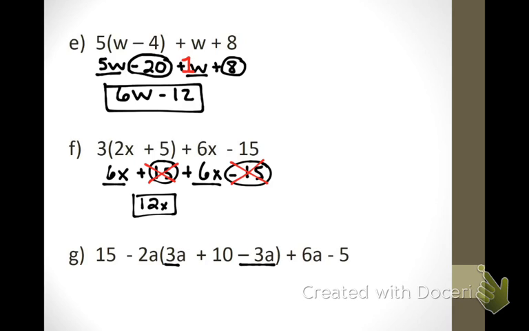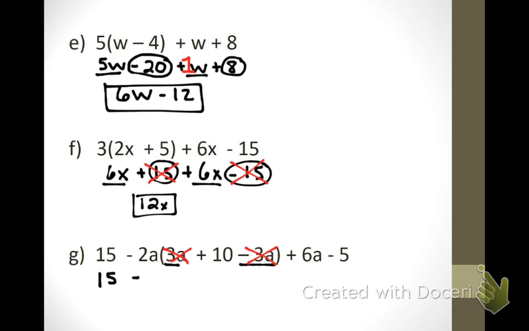Do you guys see that that's a number and its opposite? A number and its opposite always equals? 0. So I'm just going to go ahead and pretend those are no longer there. Now I'm going to bring everything else down. Notice I've now gotten rid of 3a and negative 3a.